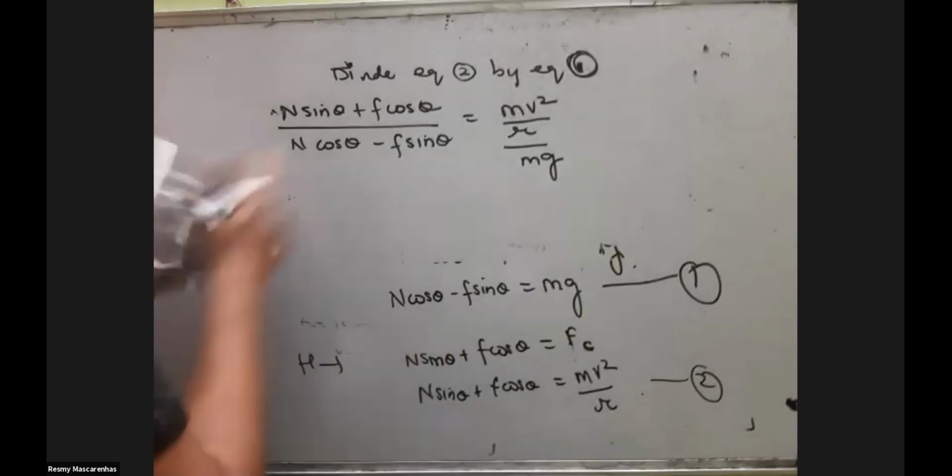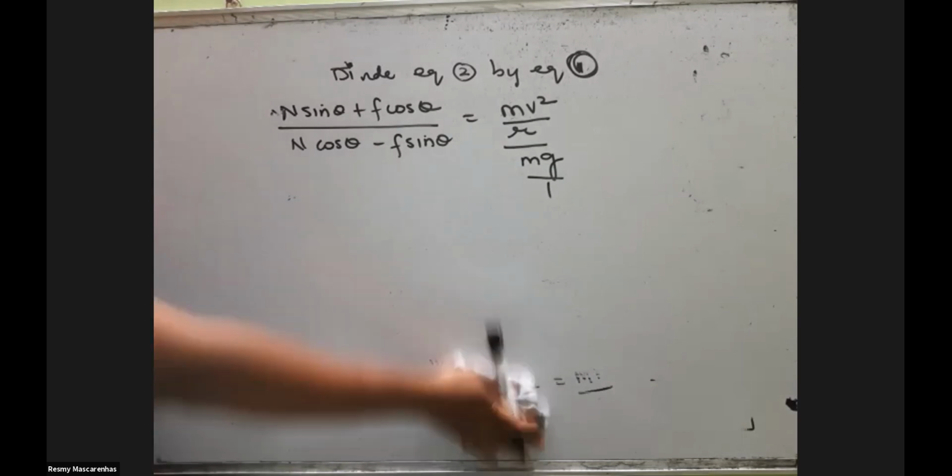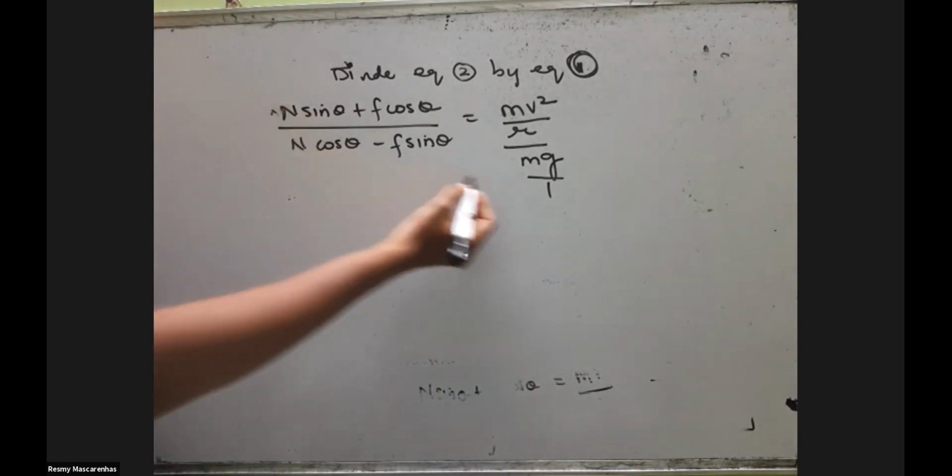If nothing is there, it means it is 1. So now reverse this.